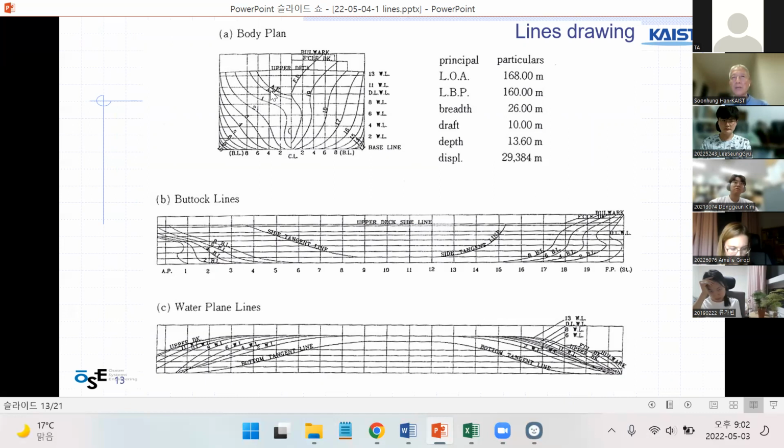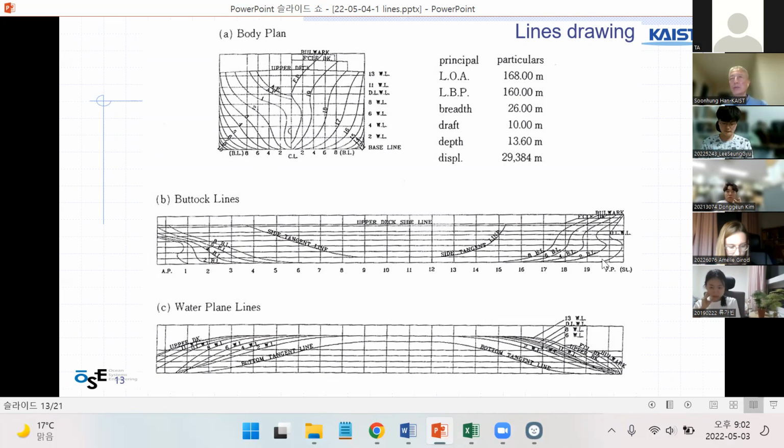You start from AP, then number 1, 2, 3, 4, 5, 6, up to 10, 11, 12, and to 20. 20 means FP. Here again, in the side view, you see AP and then FP, and between them is a number of stations, 1, 2, 3, 4, 5, 6, 7, 10, and up to 20.